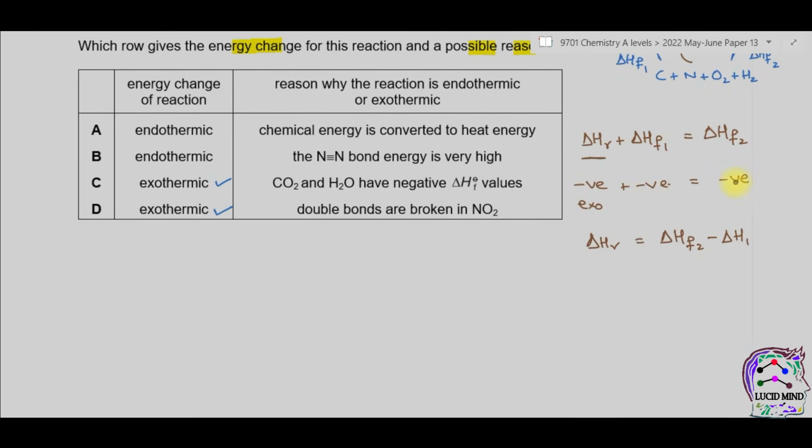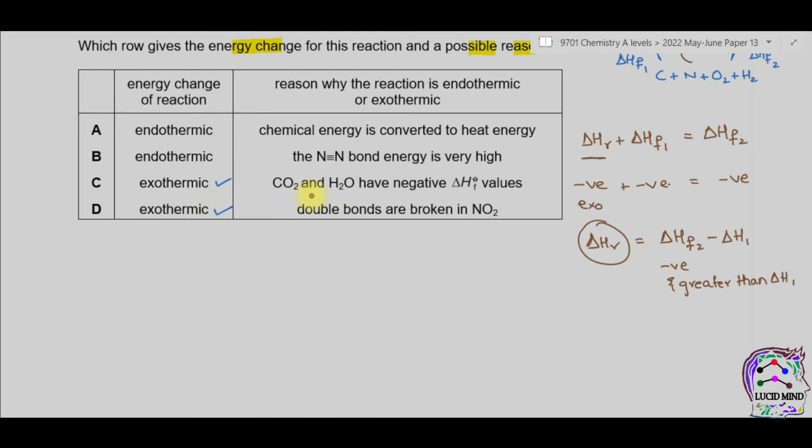Now del HF2 must be negative and it should be greater than del H1. Only then will the enthalpy change of this reaction be negative. If del HF2 is positive, then this reaction might be endothermic in nature, which is wrong.